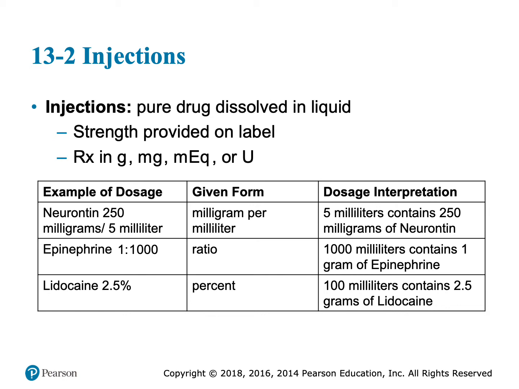So it's important to remember that. Remember back to the unit when we talked about a percentage is a part of 100 when we're talking about medications. So here, 2.5% meaning 2.5 grams per 100 milliliters. Or if we had 0.5, that would be 0.5 grams per 100 milliliters.